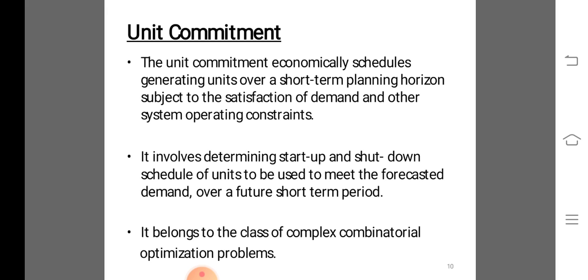Therefore, the consumption of electrical energy also follows a predictable daily, weekly, and seasonal pattern. There are periods of high power consumption as well as low power consumption. It is therefore possible to commit the generating units from the available capacity into service to meet the demand.